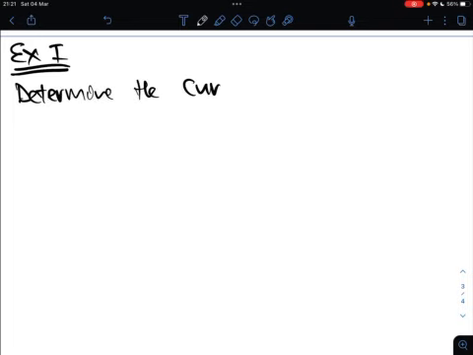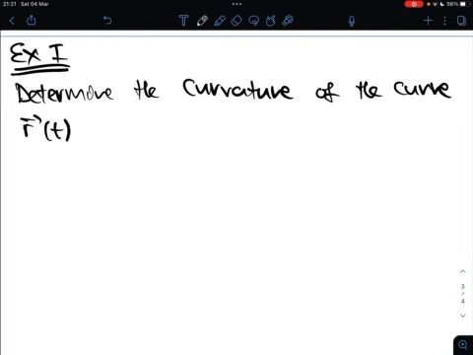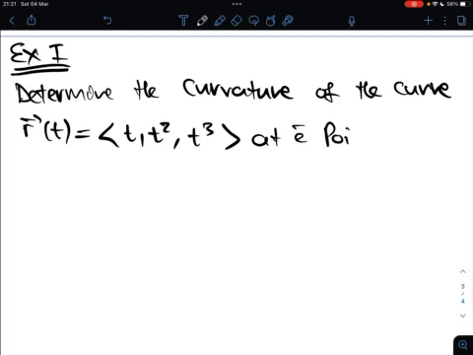Okay, so now let's look at the following example. We are given the following problem: determine the curvature of the curve r(t) equals t, t squared, t cubed at the point (1, 1, 1).